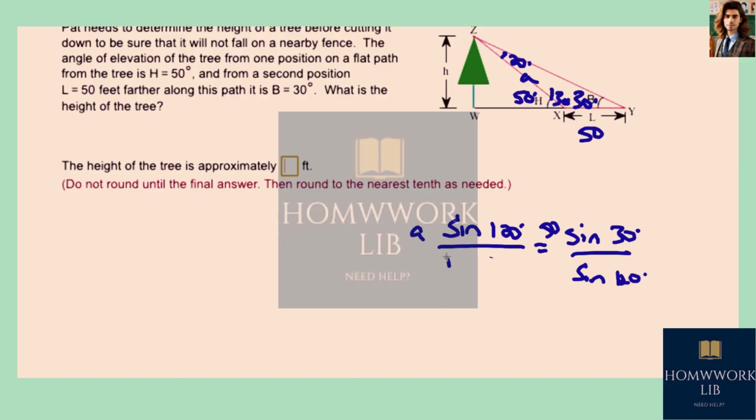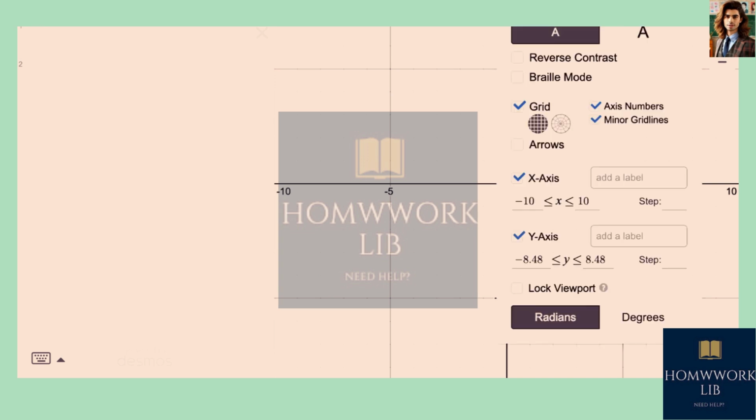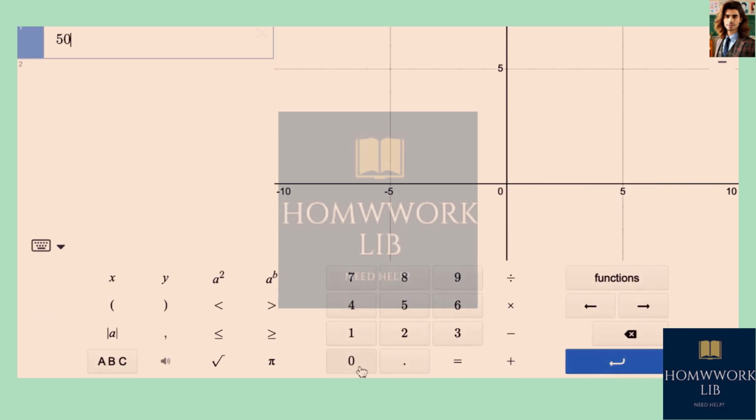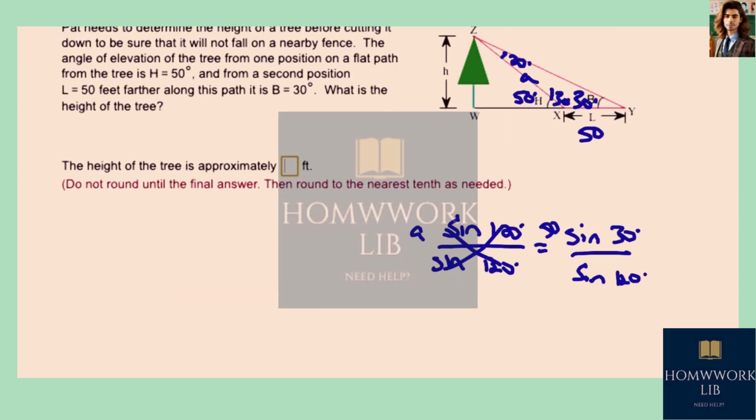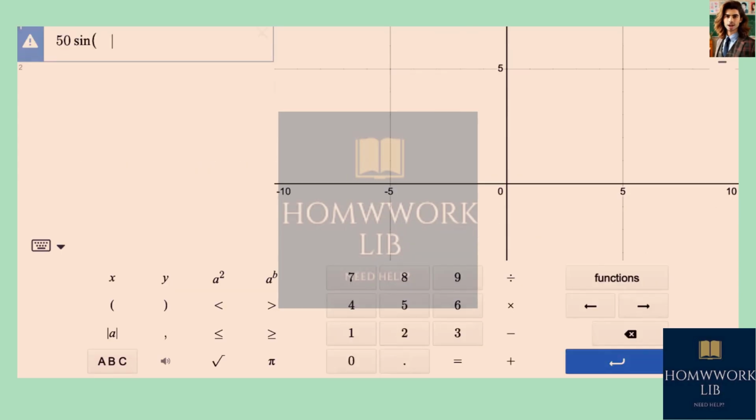In that distance, 50 sine 30, we need to be in degree mode. So 50 sine 30 over sine 120 is 28.87.